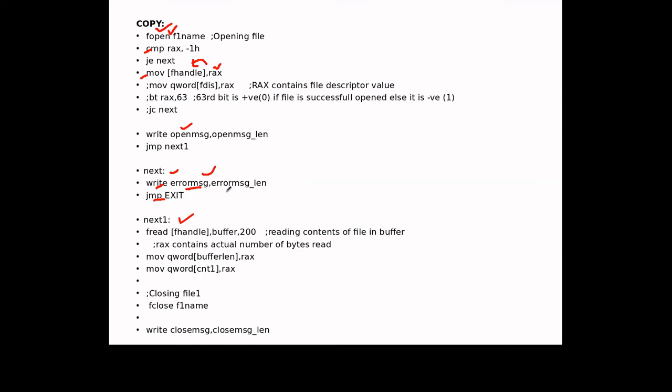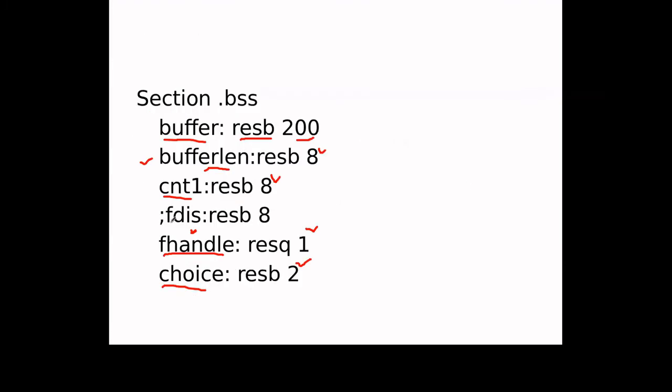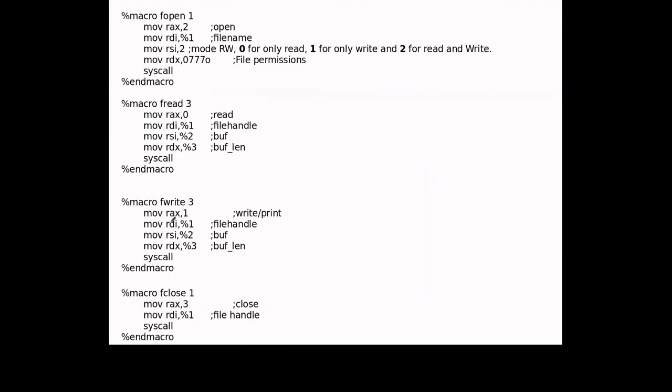To read the file content from file1.txt. We have already written the macro for read. I'll show you the fread macro that we have already written. See, the fread macro has three parameters.